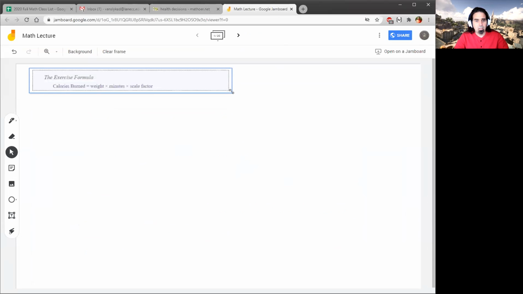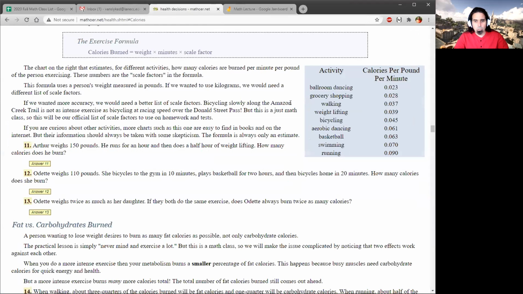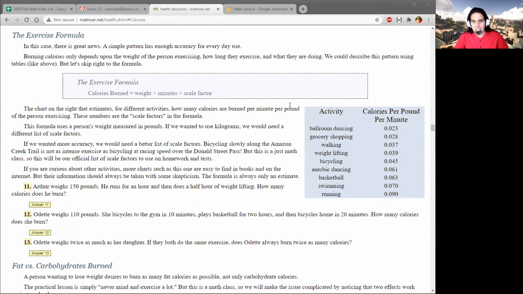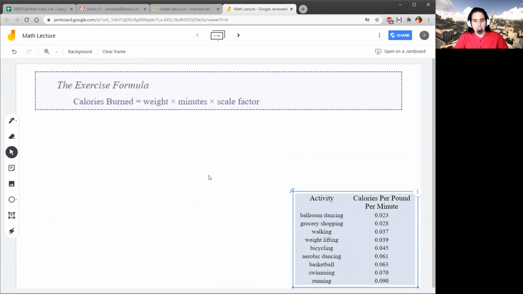Okay. And I'm going to grab our chart. Okay, so just call things out. How much should our person weigh?